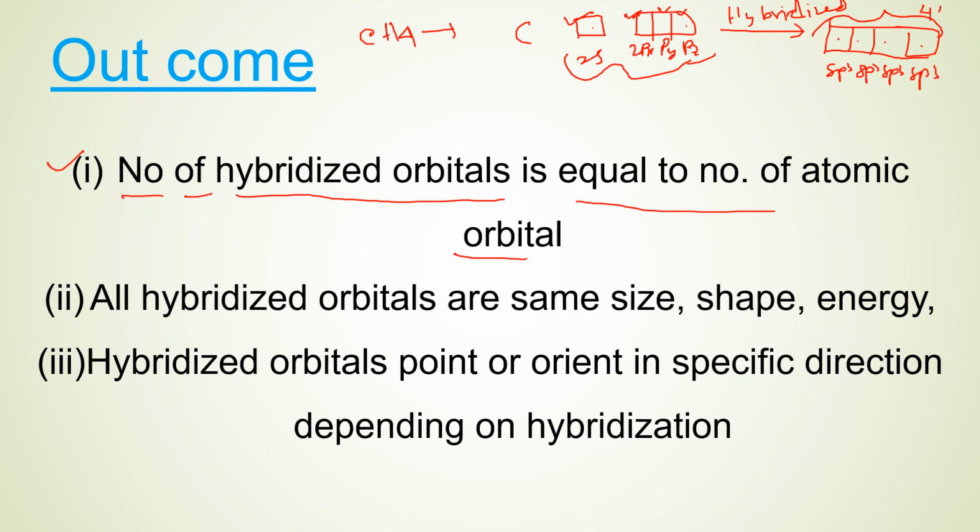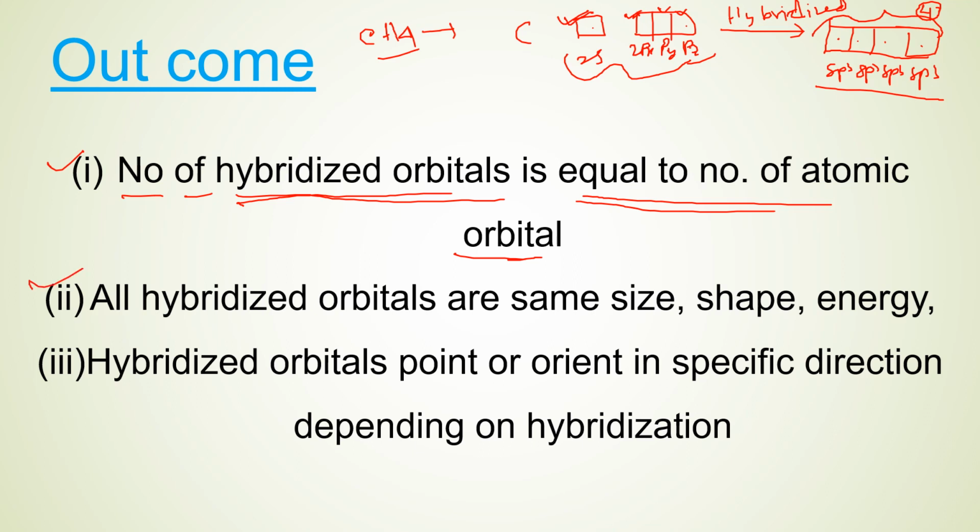So 4 lobes remain the same. The number of hybridized orbitals is equal to the number of atomic orbitals. So carbon has 4 orbitals in its valence shell, and if it is hybridized in CH4, the number of hybrid orbitals also remains the same.